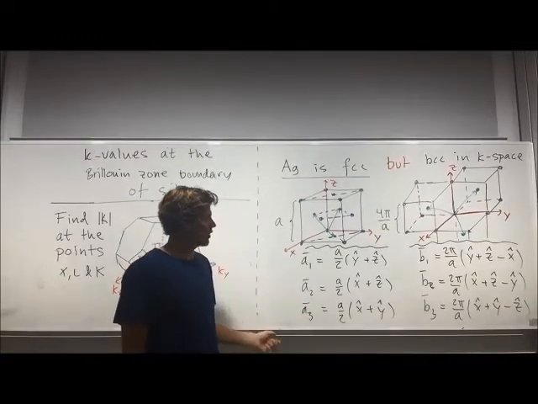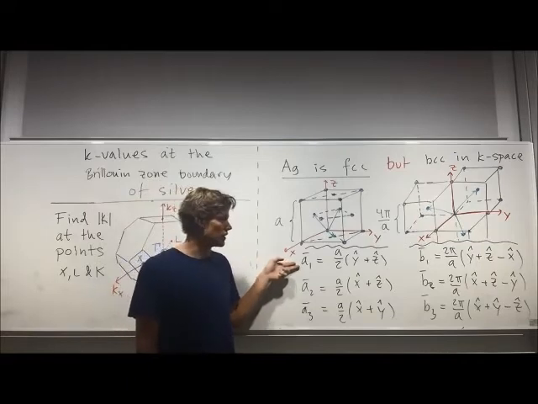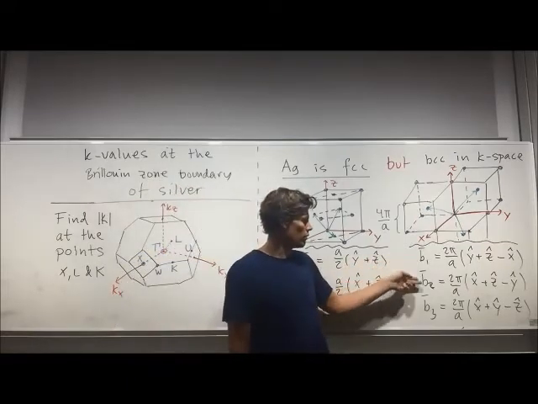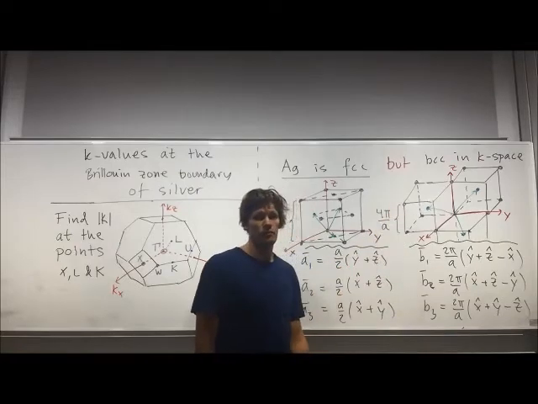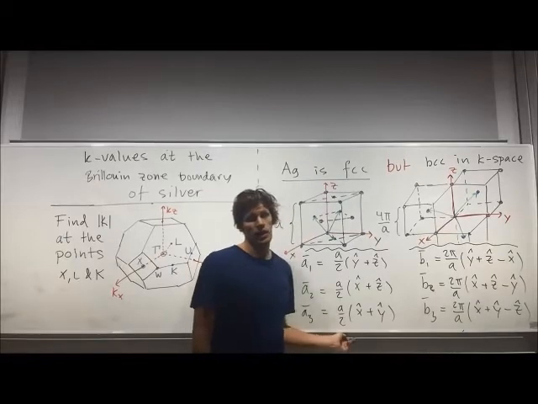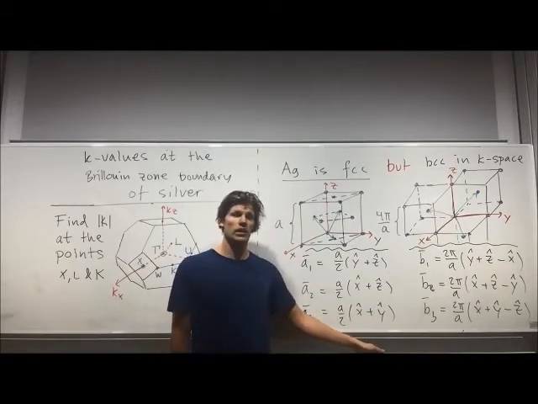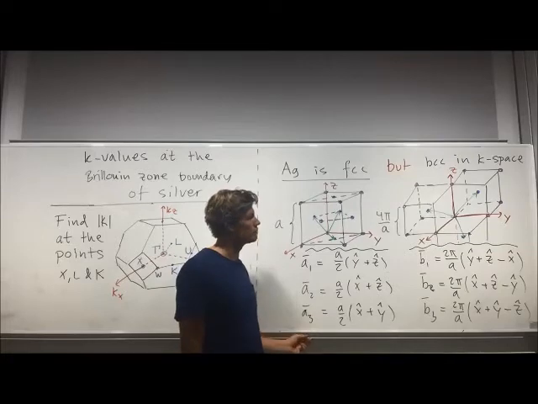If you calculate the reciprocal lattice vectors, you will get that B1, B2, and B3 correspond to a BCC. So if you have an FCC in real space, you will always have a BCC in reciprocal space, and vice versa. If you have a BCC in real space, you will get an FCC in reciprocal space.